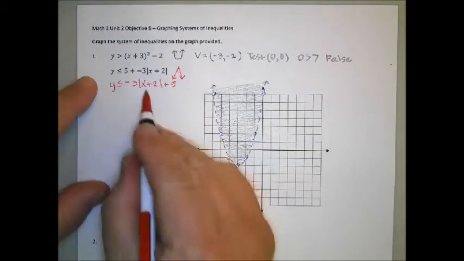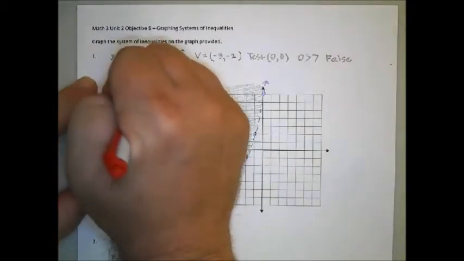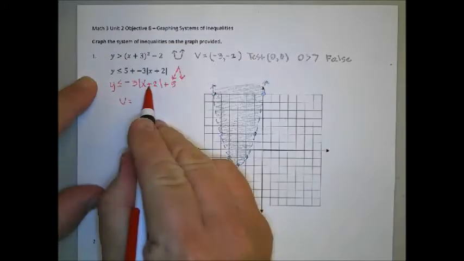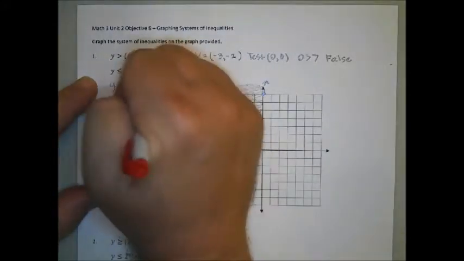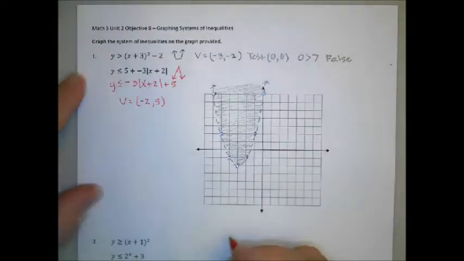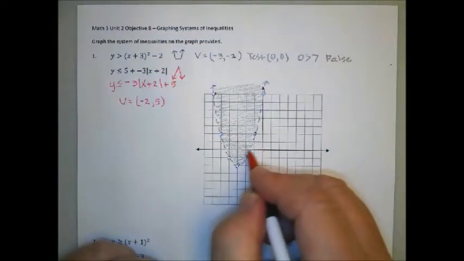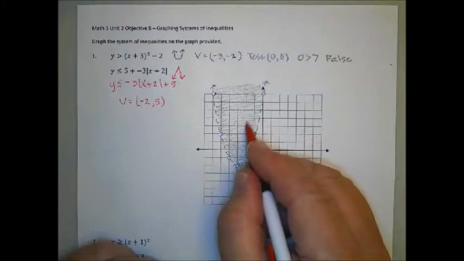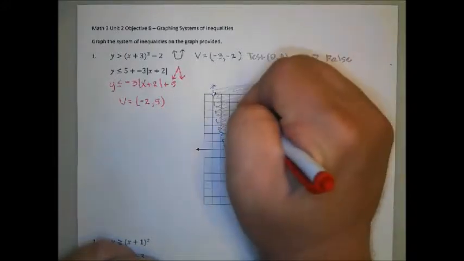Now I know the vertex of this thing. The vertex is at (-2, 5). So let's go ahead and graph it. 1, -2, 1, 2, 3, 4, 5. There's the vertex.